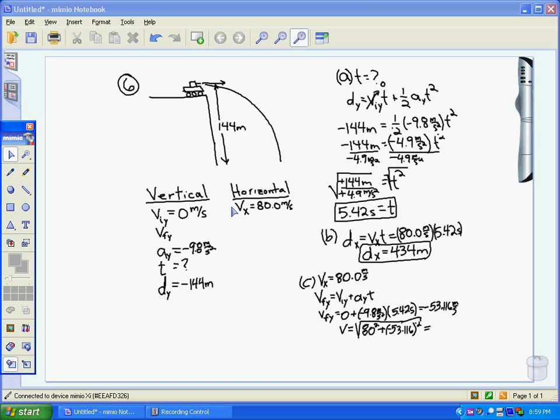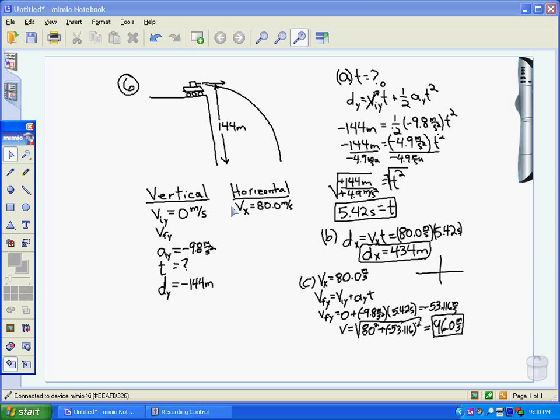Now we also have to find the angle of this. If you look, you have 80 this way, negative 53. This will be in the fourth quadrant, is what we're looking at.